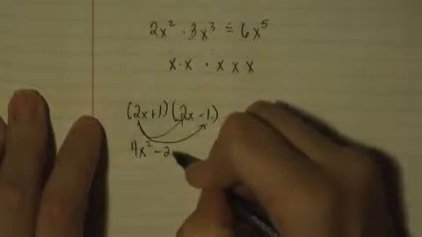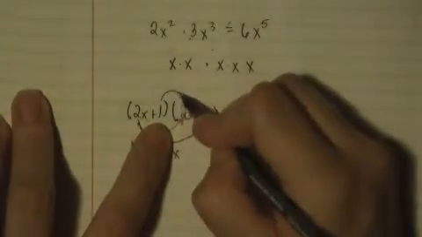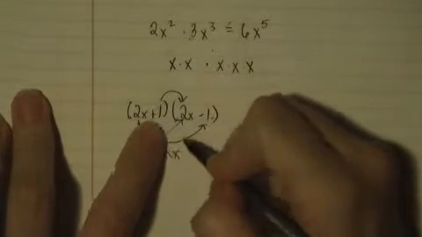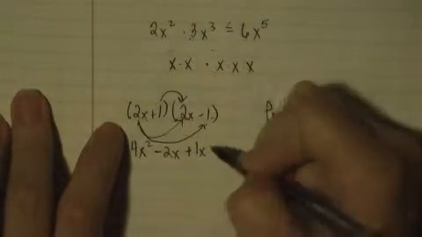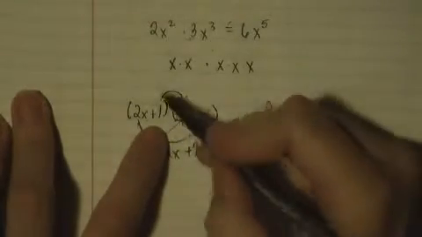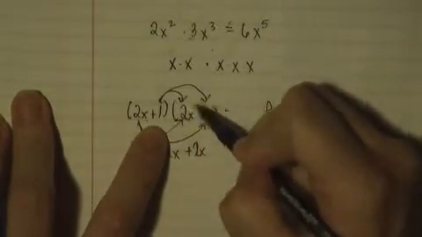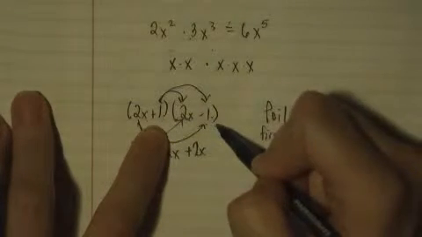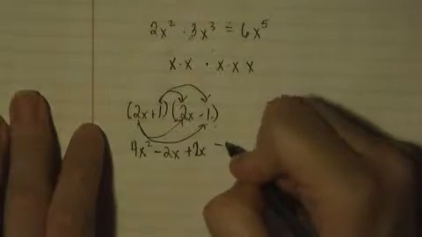You get negative 2x. Then do inner times inner. So you get 1 times 2x, and it's a positive. Not 1x, 2x. 1 times 2x is a 2x. And then last times last, the last one in this one times the last one in that one. Positive 1 times negative 1, you get a negative 1.